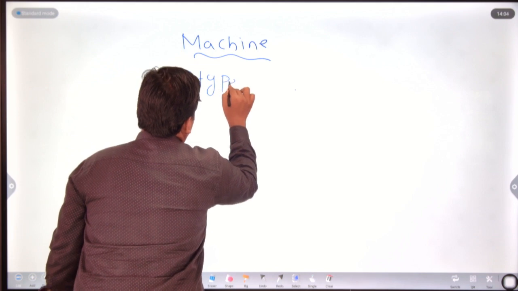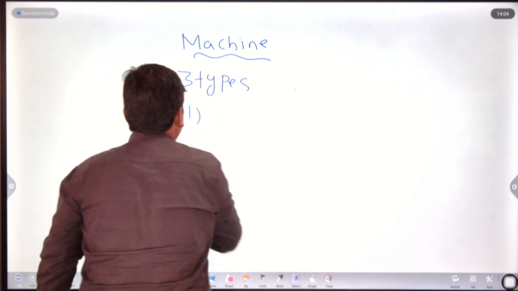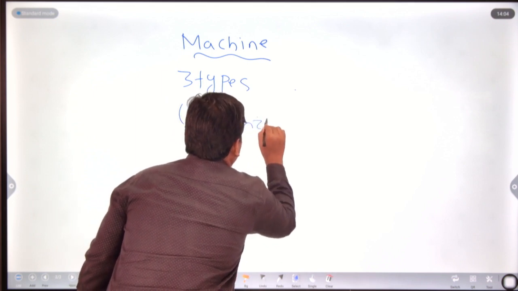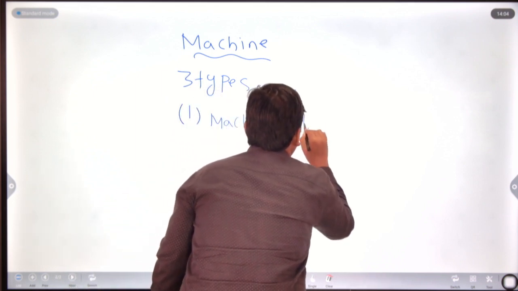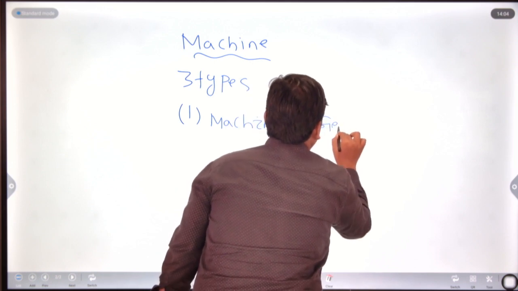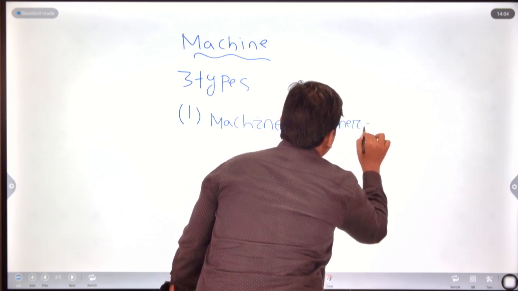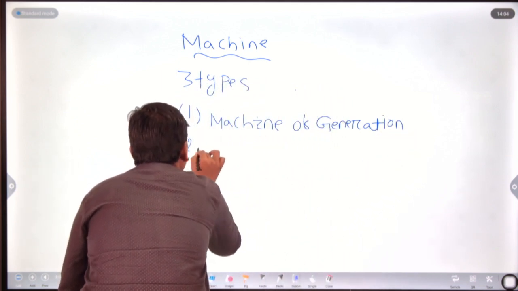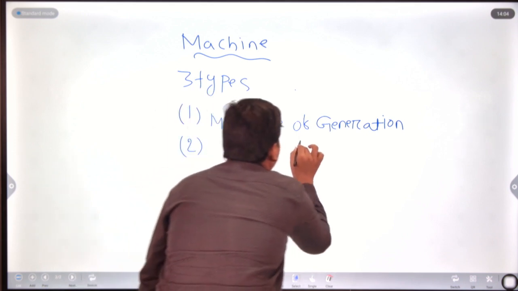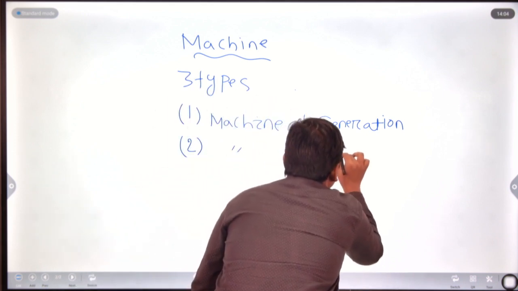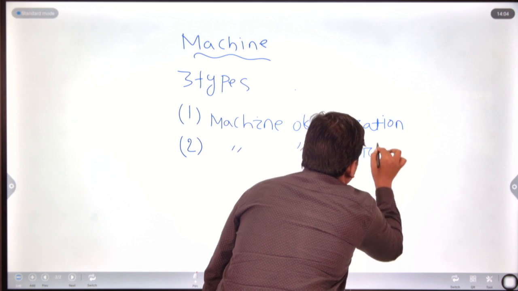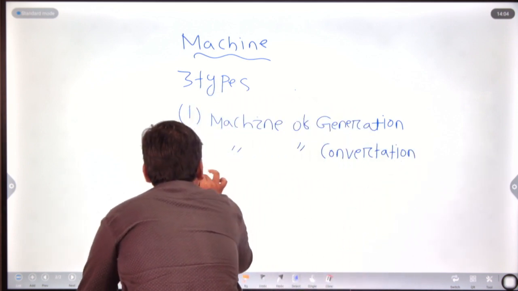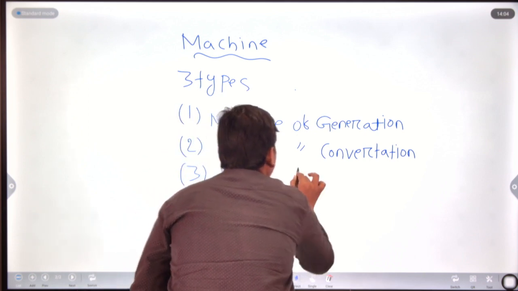First, machine of generation, second, machine of conversion, and third, your last one, is machine of utilization.